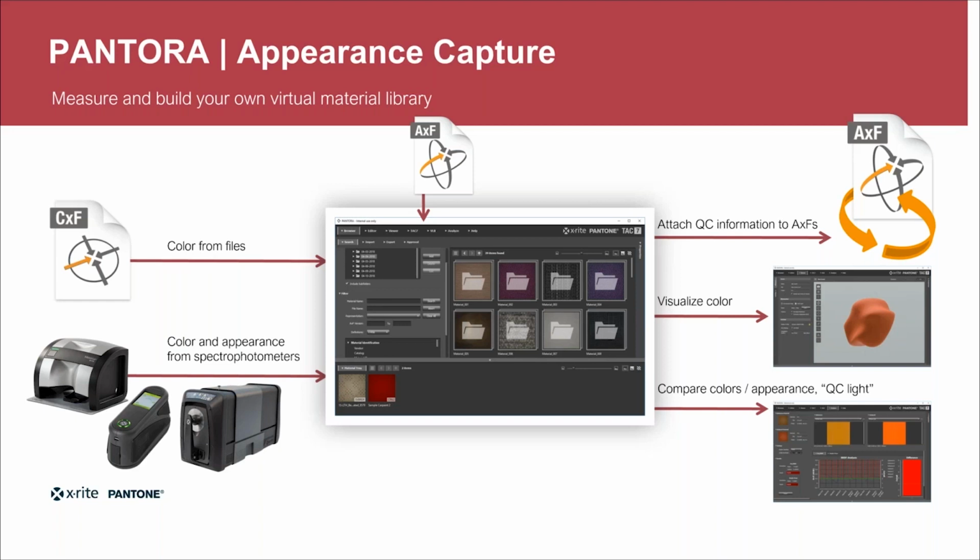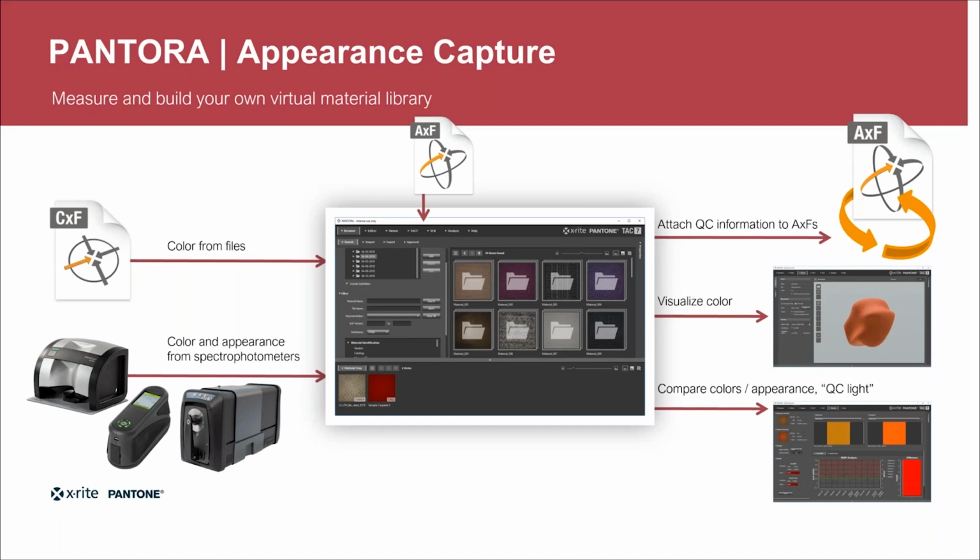Some of the benefits right within the software and what you get with the AXF, we can actually attach quality control information inside the AXF. So it's gone through an approval process, so-and-so has signed off on it. There's metadata and other information that can also be a part of this appearance exchange format. It's not simply color and not simply just those appearance characteristics, but actually extra data through metadata that we can attach.